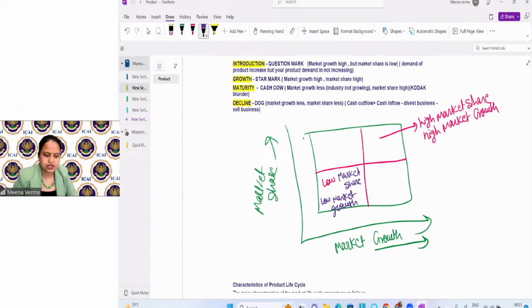This is a stage where high market share, but low market growth. And this is a stage where low market share, but high market growth.